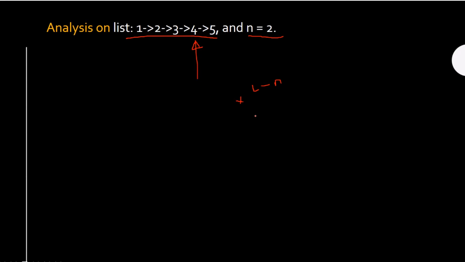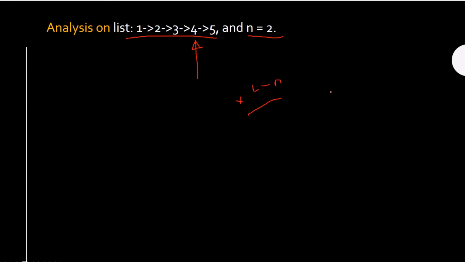And so that is the idea that is implemented in this presentation, and that will take us to walk through the entire list twice. The first time we have to walk through counting the number of nodes that we have, so that we'll be able to get the length of the entire list.